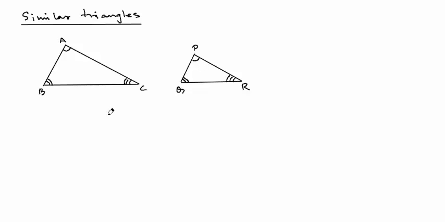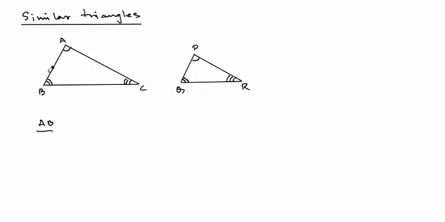And on similar triangles, the ratios of the corresponding sides are equal. So what I mean is, if you take the length of AB and divide that by the corresponding side on this triangle, not any side, the corresponding side, which is PQ, the side that has got the same two angles as the side AB on the other triangle.